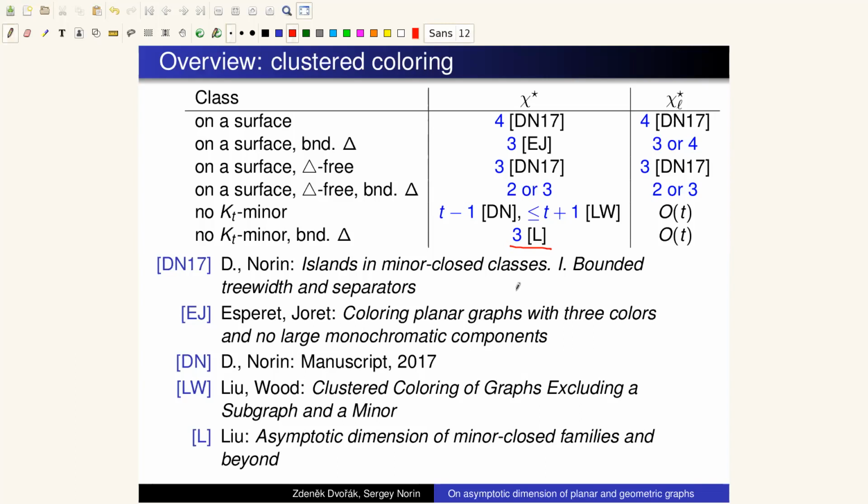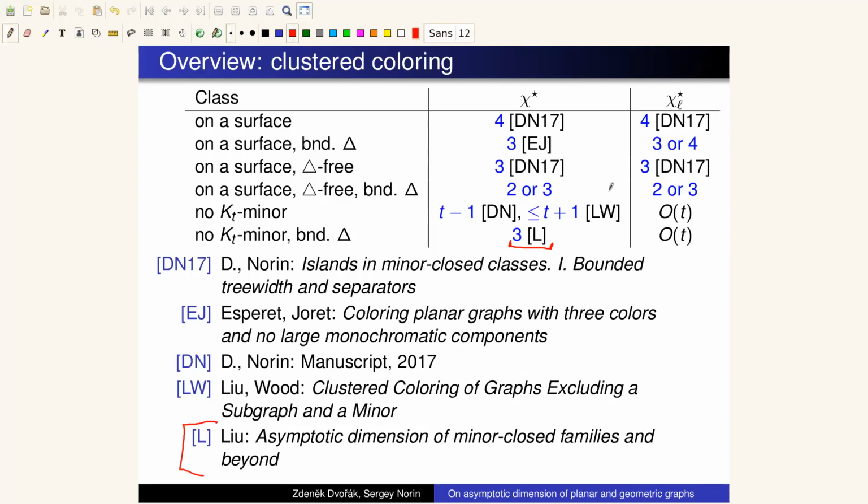And as you can see, this very general result actually comes from this paper by Chun-Hung Liu about asymptotic dimension of minor closed classes. So you'll see that there will be some connection to the topic of my talk.